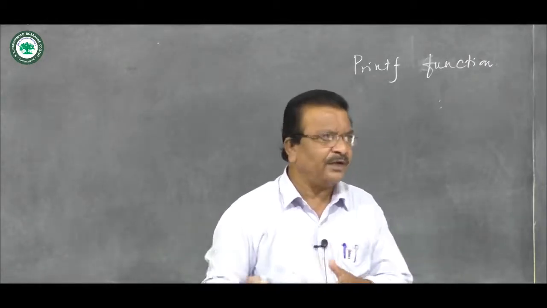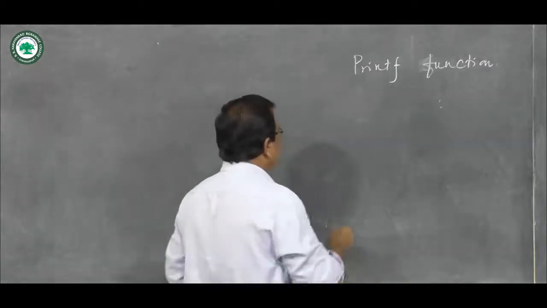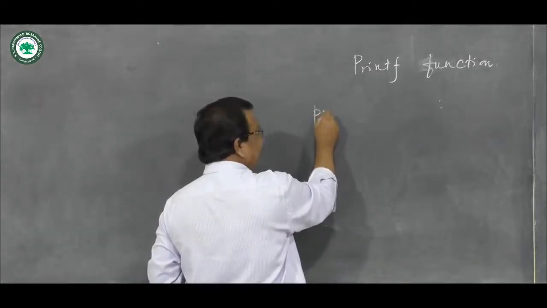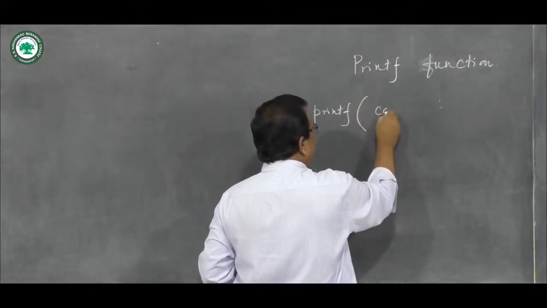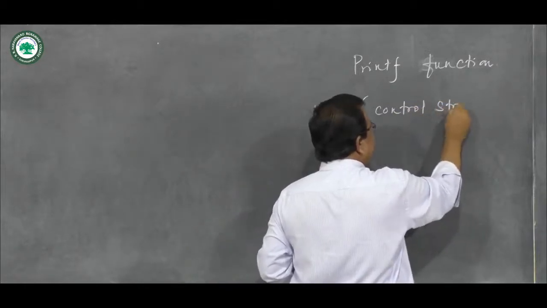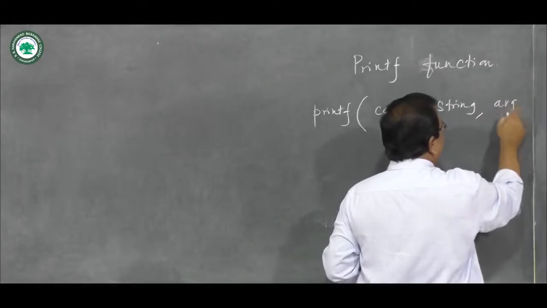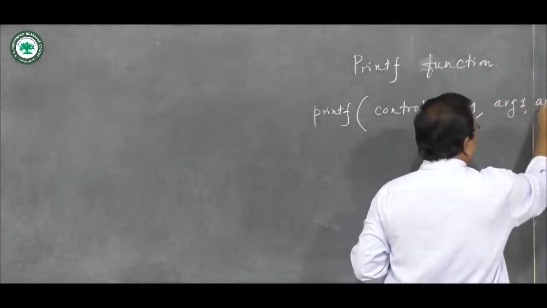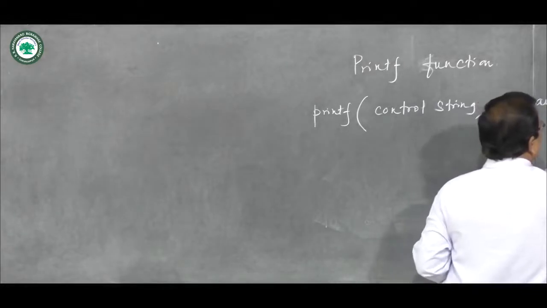The general form of printf function is printf, then control string, then comma, then argument 1, argument 2, argument 3, and so on, argument n.